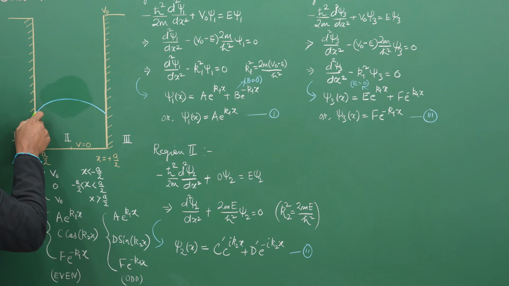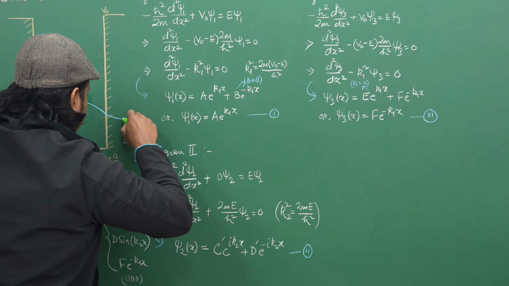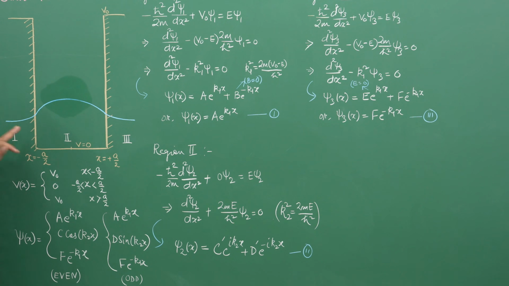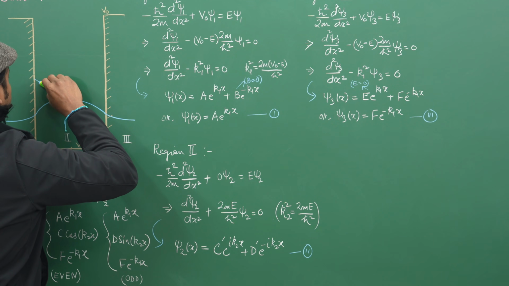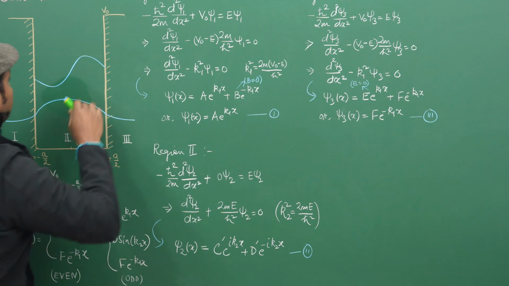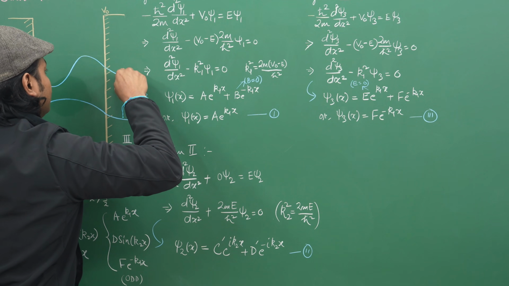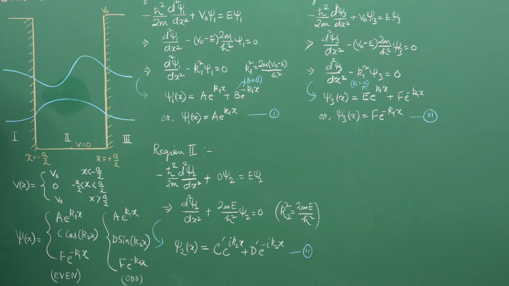So e to the power k1x like this, and in region 3 we have e to the power minus k1x in this particular manner. So you have an oscillating solution which penetrates inside region 1 and region 3. For the first excited state, we will have an odd eigenfunction solution, again penetrating in an exponential fashion in region 3 and in region number 1 in this kind of manner.